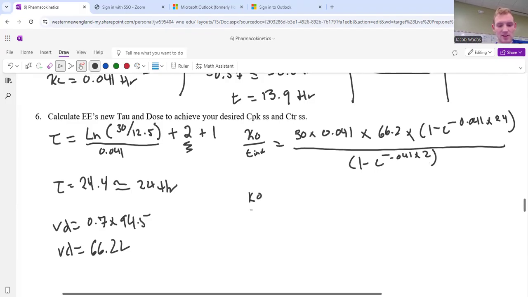So we also have to change time of infusion here. It's going to be KO times 2 equals. Now we have to find what this equals: 30 times 0.041, 662.